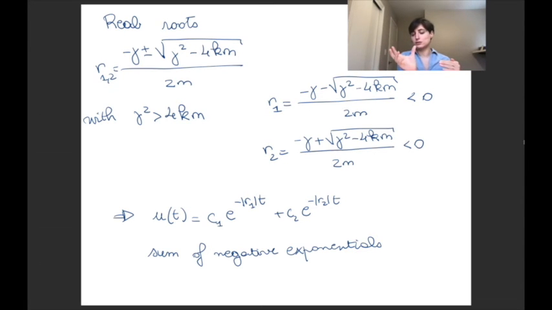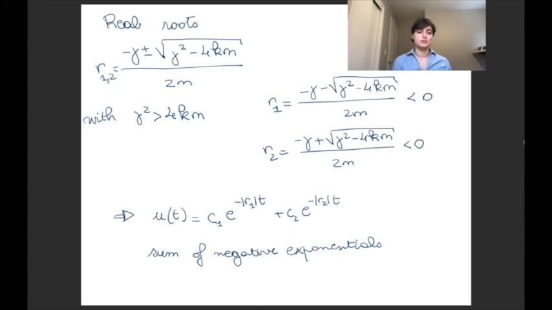We know that gamma squared minus something is positive, but it is obviously smaller than gamma squared. So minus gamma plus something that is smaller than gamma means that this is also a negative term. So both r1 and r2 are negative.